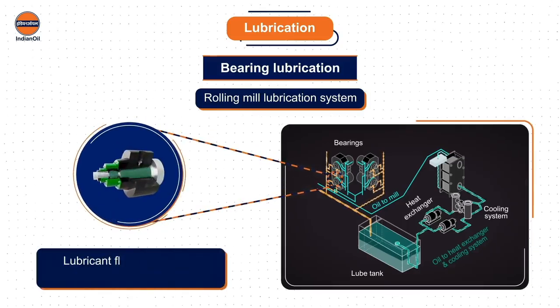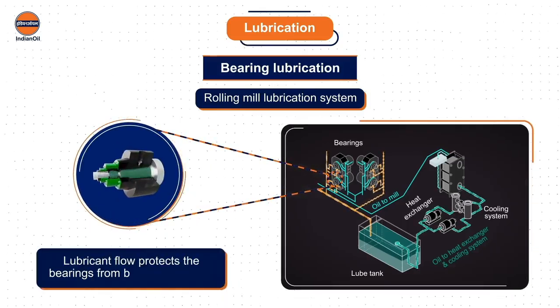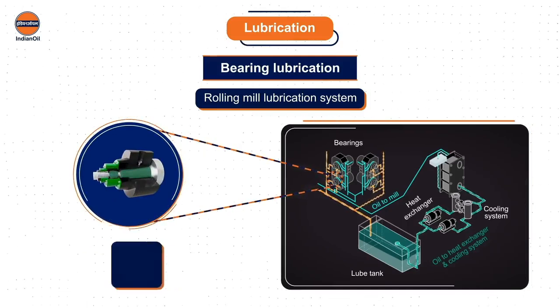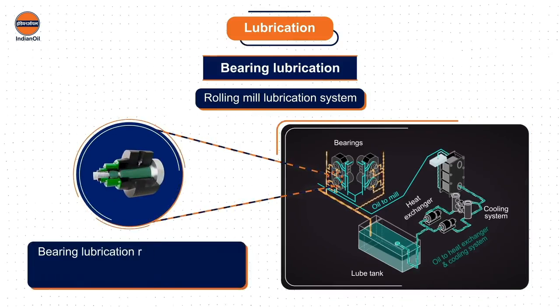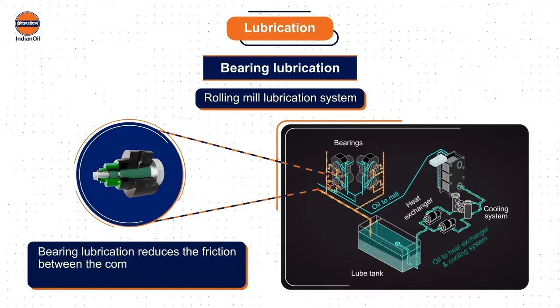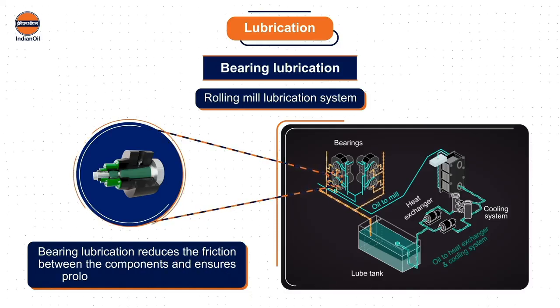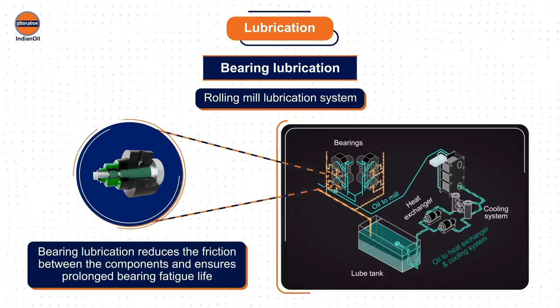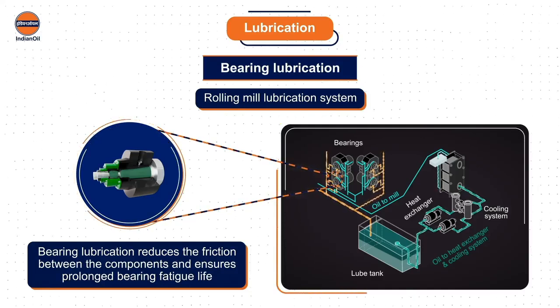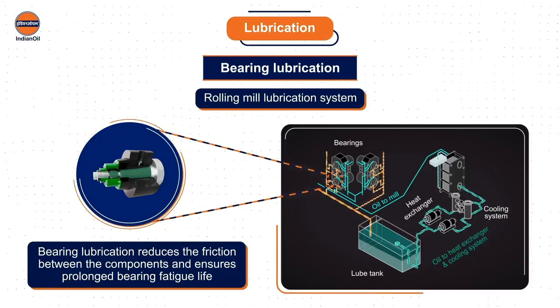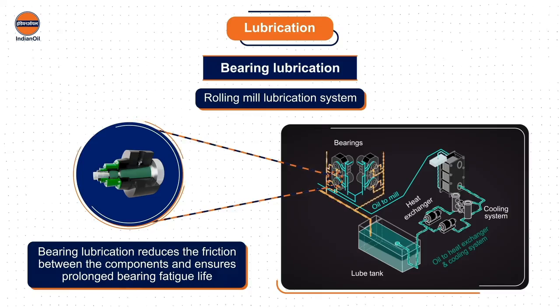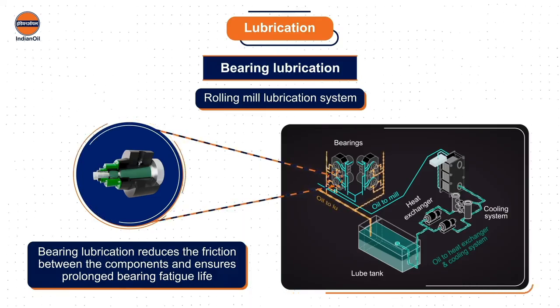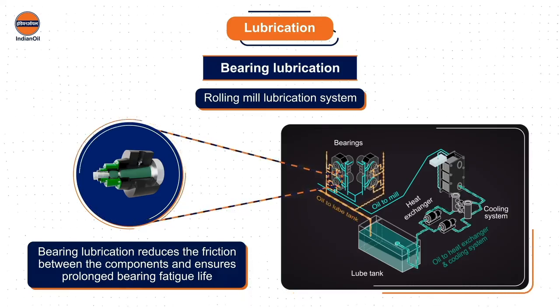This lubricant flow protects the bearings from being overheated. Bearing lubrication reduces the friction between the components and ensures prolonged bearing fatigue life. Once the lubricant spreads throughout the bearing, the heated lubricant flows back to the tank for recycling.